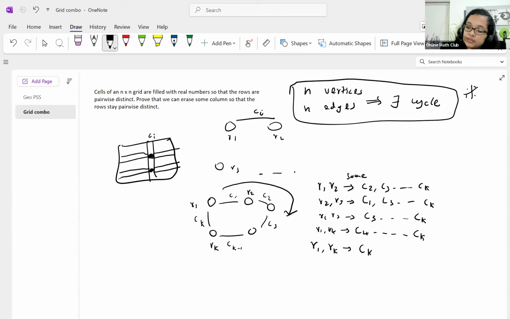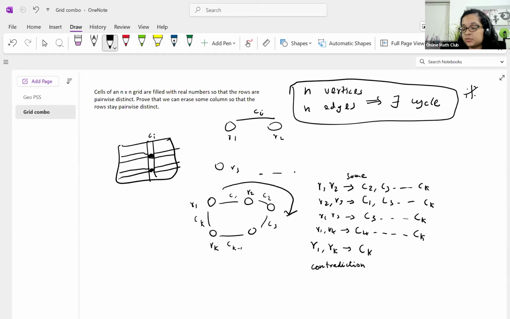But here you have this edge as well, right? And that says that they're the same in everything except CK. And that's a contradiction.